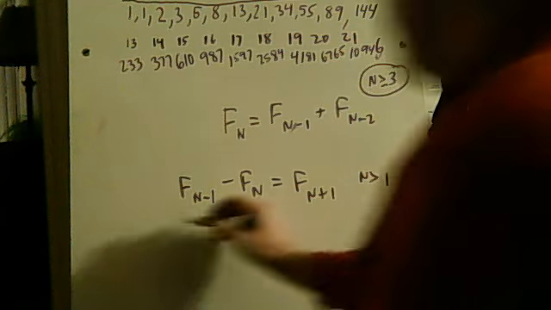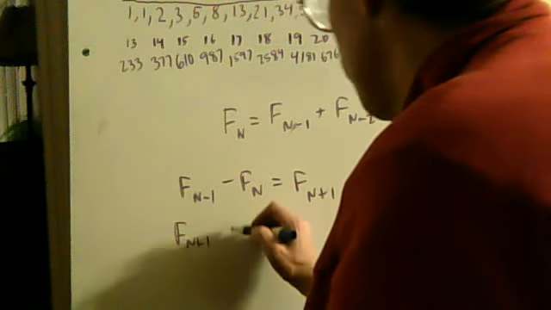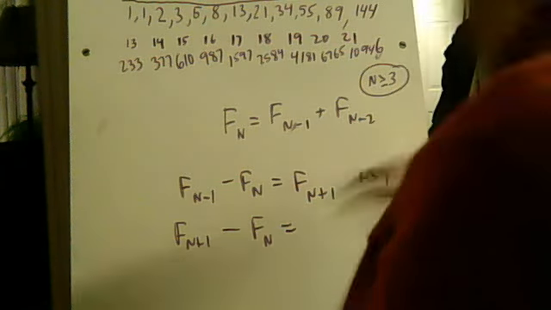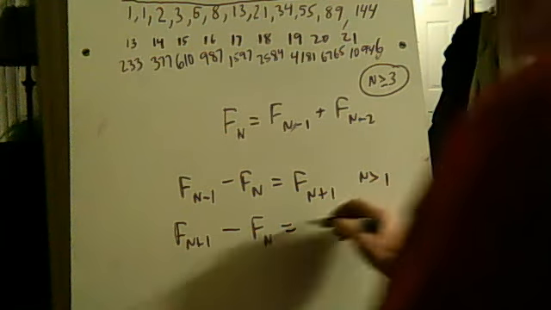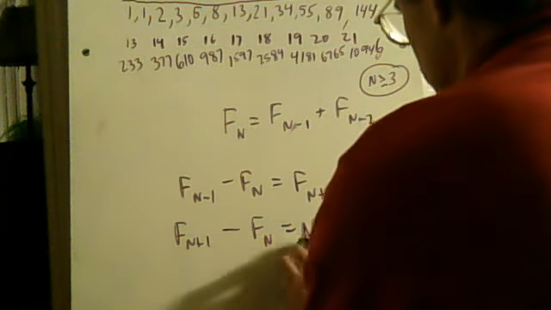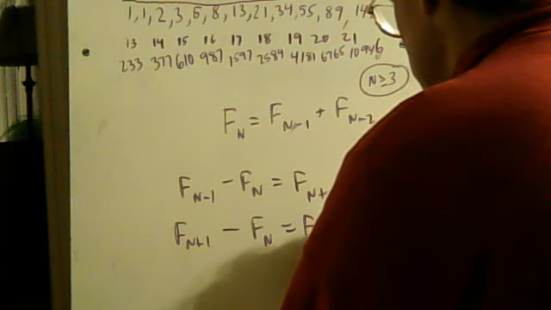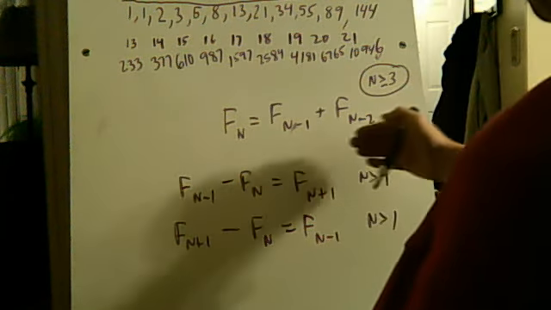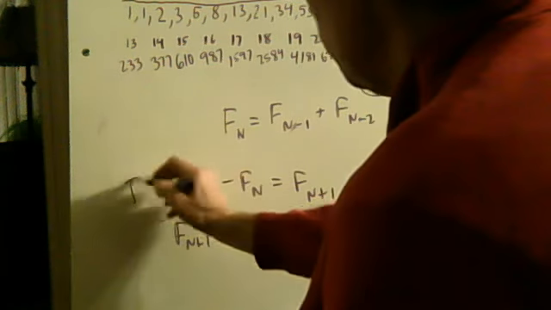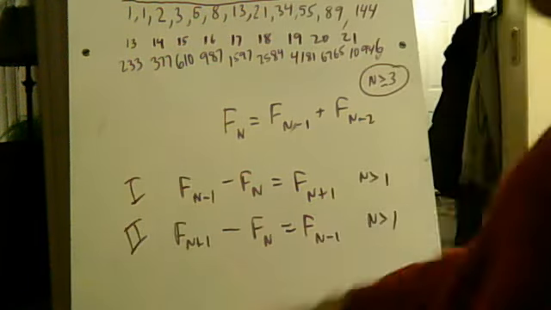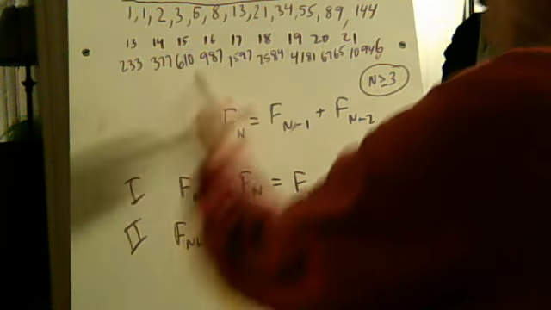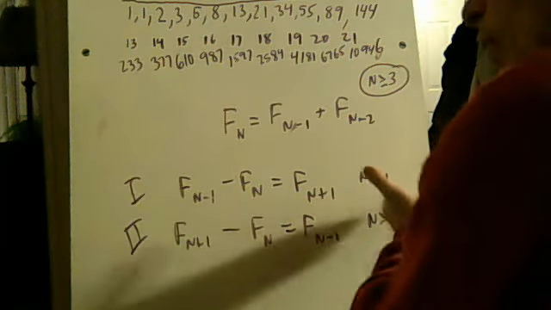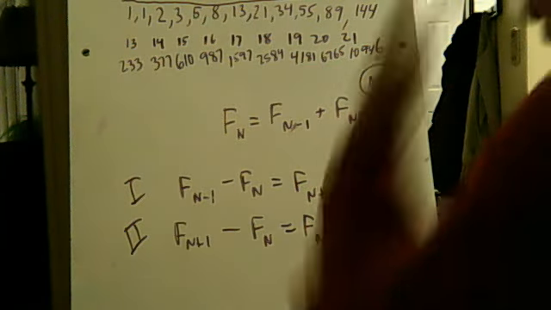Or fn plus 1 minus fn equals fn minus 1. N greater than 1. Okay, now, they're calling this 1 and this 2. And they're saying, which of these is equivalent to the Fibonacci recursive formula? Is it this number 1 or is it this number 2? And it's a little harder than the other ones.